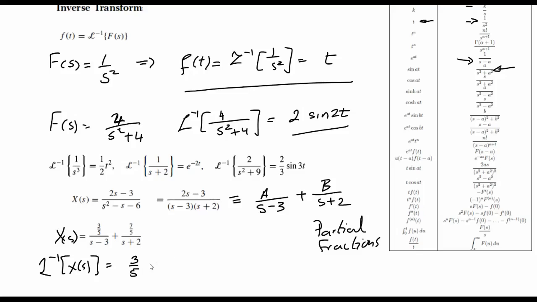So this will just be e to the 3t, plus, leaving the 7 over 5 on the side, it's going to be e to the minus 2t this time, because this is s plus 2. Over here, this is the one we're looking at, s minus a, so we get this result. You can see that we have now taken the inverse Laplace transform and we've got our result. So we're back to the t domain.